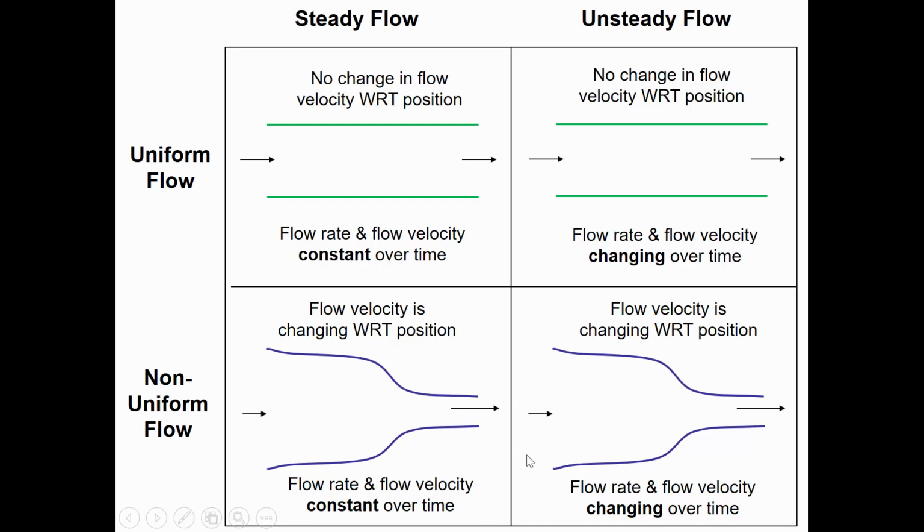Then you'd have unsteady, non-uniform flow, and to predict the pressure change, you'd have to use Euler's equation and Bernoulli's equation simultaneously. So that would be a more complicated scenario to predict the pressure difference between the opening of the nozzle and the exit of the nozzle if you had it experiencing 2 simultaneous forms of acceleration.